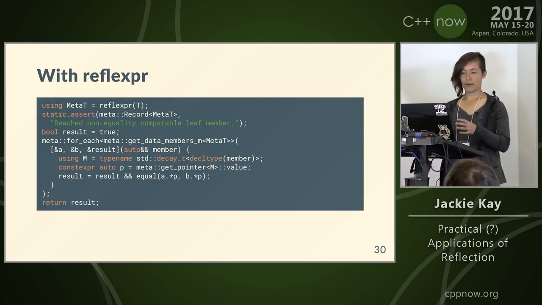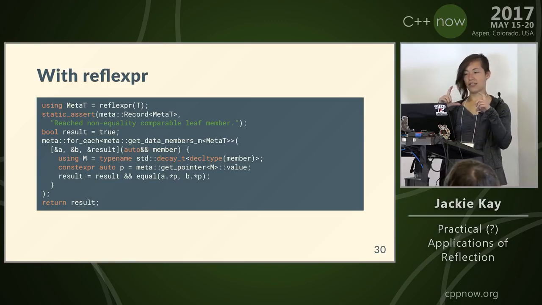So this meta_for_each that I'm using is another facility provided by the reflexpr utilities, which is a function that takes a lambda, and in the angle brackets, you give it the sequence that you want to iterate over.